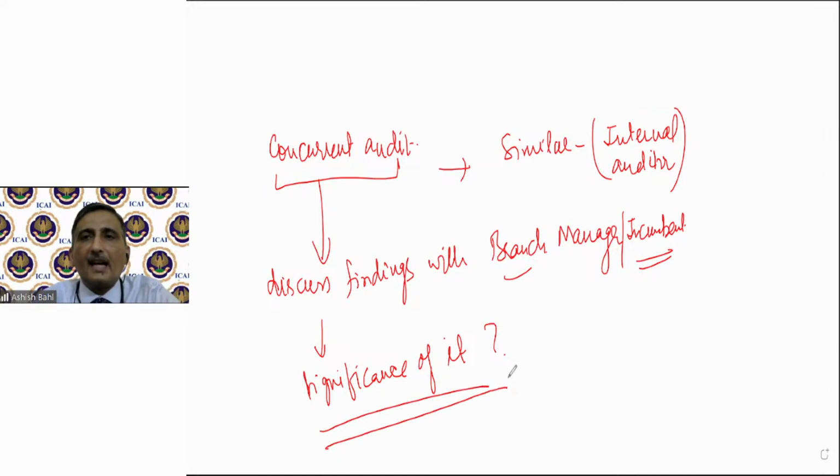I have told you that the concurrent auditor, before submitting his report for a month, has to discuss his findings with the branch incumbent, with the branch in charge.